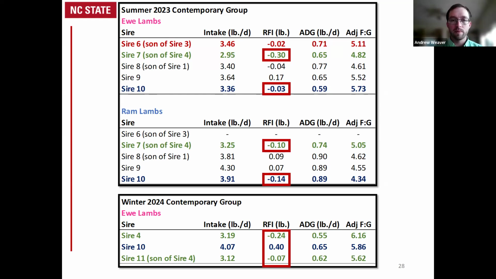And so if we look at here, comparing that sire 4 selection line along with the sire 10 lambs, in general, the sire 10 progeny have higher RFI values across contemporary groups compared to those sire 4 individuals, whether they be sire 4 himself or sons of sire 4. So again, across contemporary groups, we're seeing some consistent trends between these different sire groups, which gives me some optimism that maybe we can make some progress over time and be able to actually select for this trait.